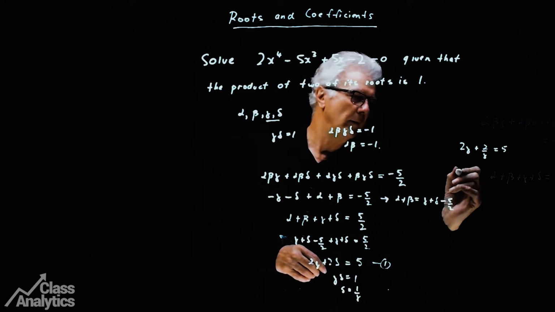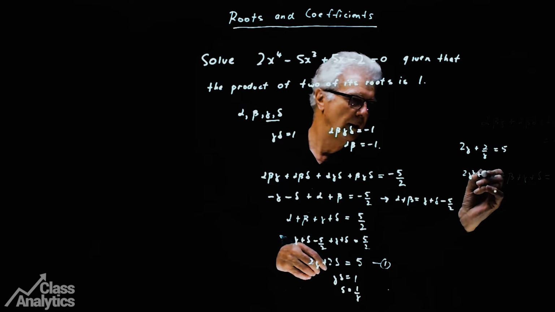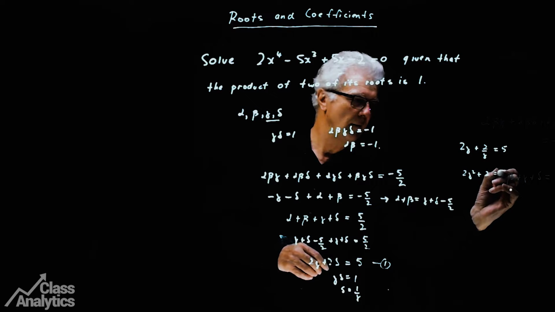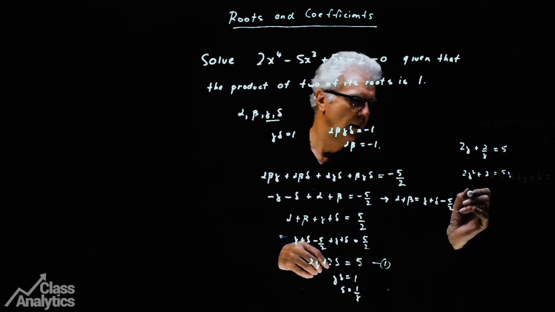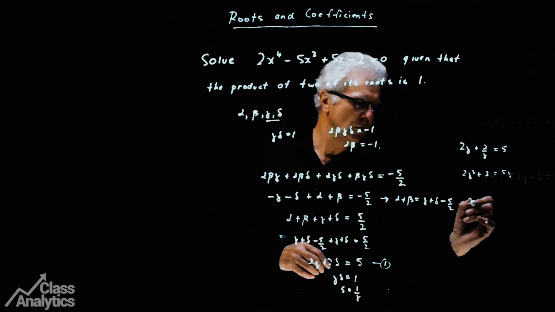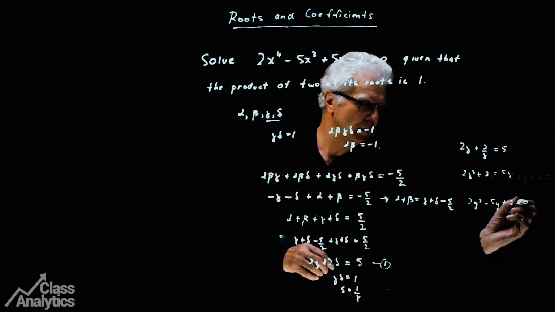Now multiplying it through by gamma, we get 2 gamma squared plus 2 equals 5 gamma, and therefore we get 2 gamma squared minus 5 gamma plus 2 equals 0.